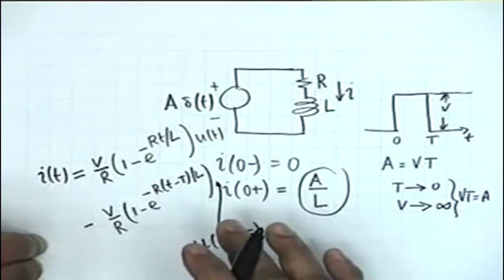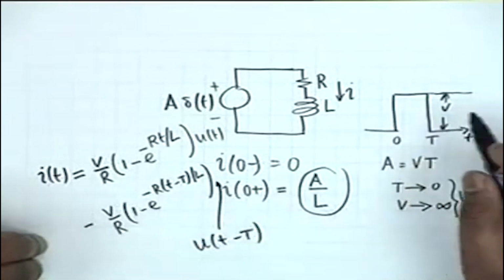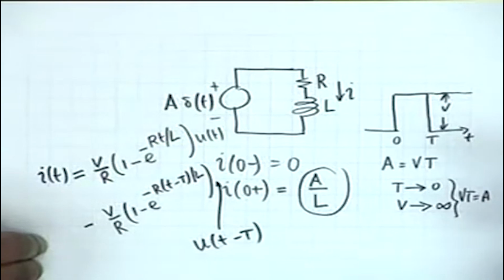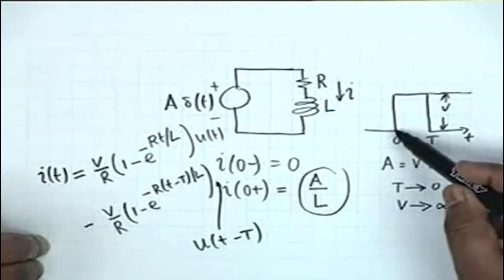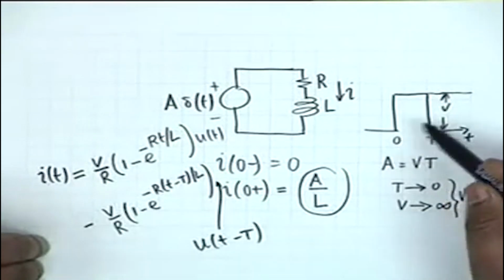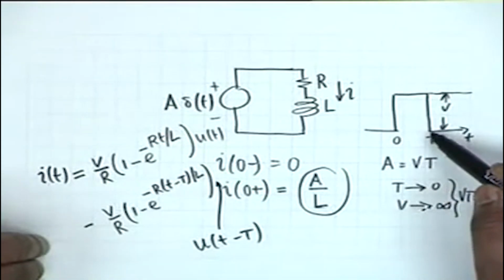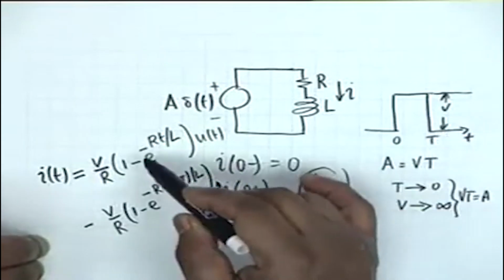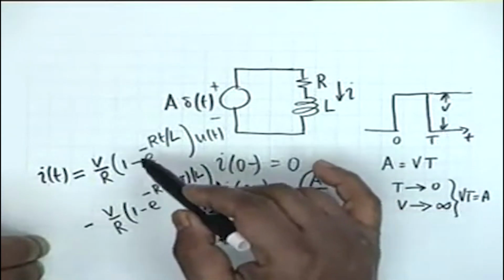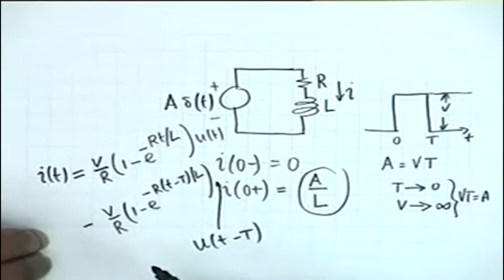This is by inspection that the pulse has been resolved into two steps, one positive, one negative. Positive one occurring at small t equal to 0, negative one occurring at small t equal to capital T, and therefore it is the superposition of these two responses.